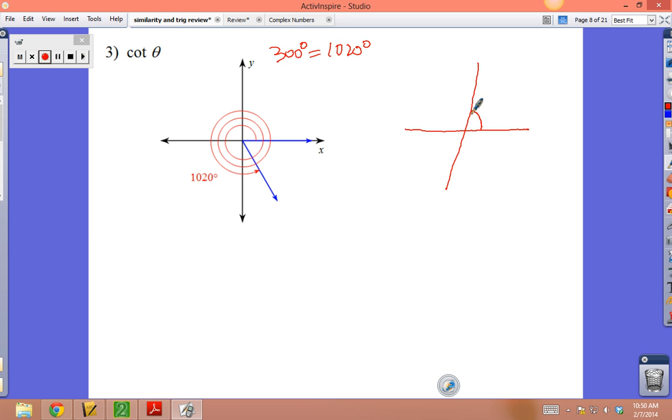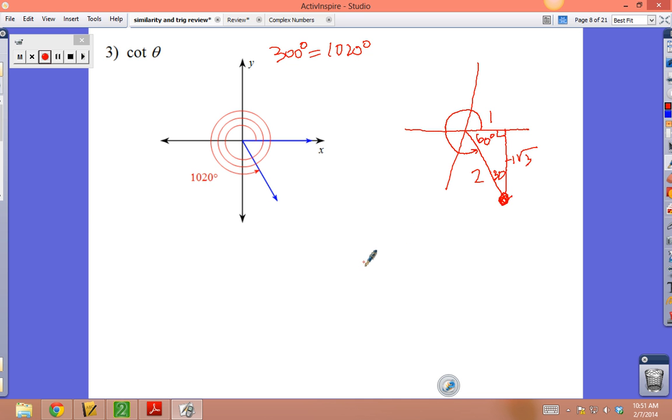So if I start here and go 90, 180, 270, 300, then that means this is going to be 60, because 360 is a full circle, so I have to go 60 degrees to get to a full circle. So now my triangle, there's my 90, there's my 30. If it's 30, 60, 90, I'm going to say this is 2, this is 1, this is 1 times the square root of 3, but it's negative.